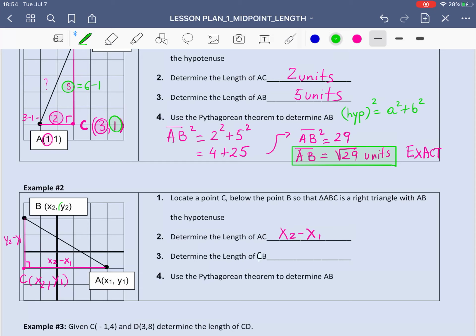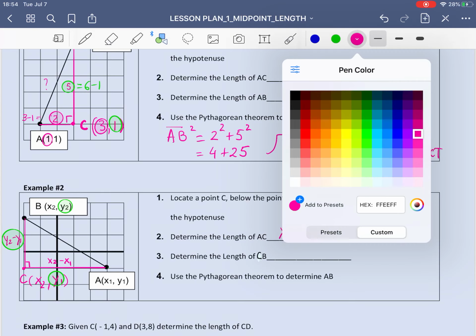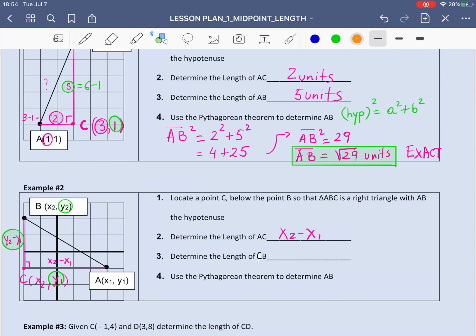So I'm going to do it this way. Okay, and this one here will be, let's go orange, so this would be x2 minus x1. All right, awesome.